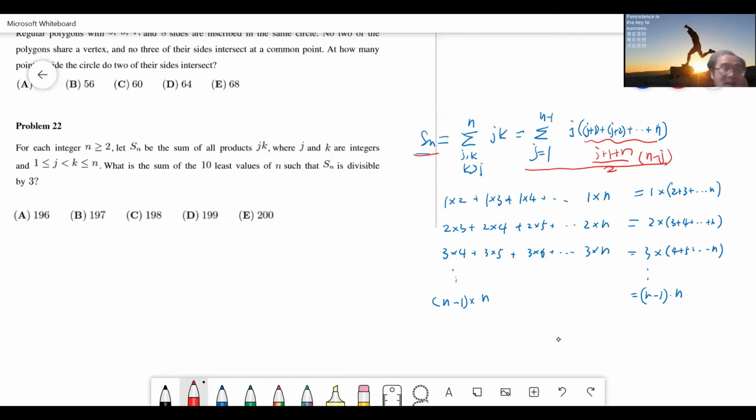We find that Sn equals the summation, j equal to 1 to n minus 1, of j times a half, times n plus j plus 1, times n minus j.